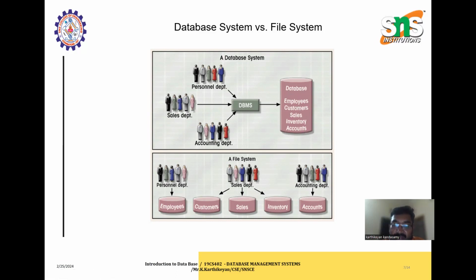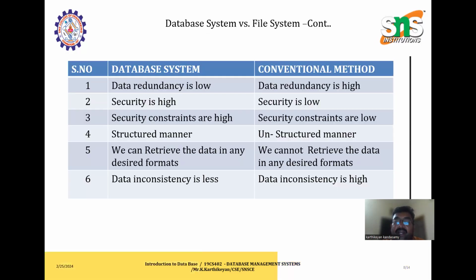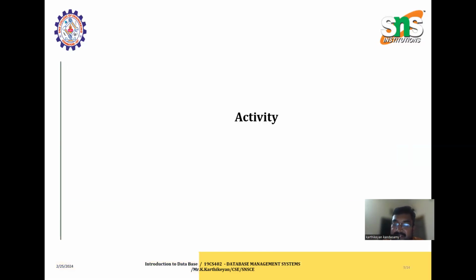In a database system, redundancy is low, security is very high, security constraints are high, data is structured so we can retrieve it in any desired format, and data inconsistency is very low. But in the conventional method, redundancy is high, security is low, security constraints are low, data is unstructured, we cannot retrieve data in the desired format, and data inconsistency is very high. So this is the activity.